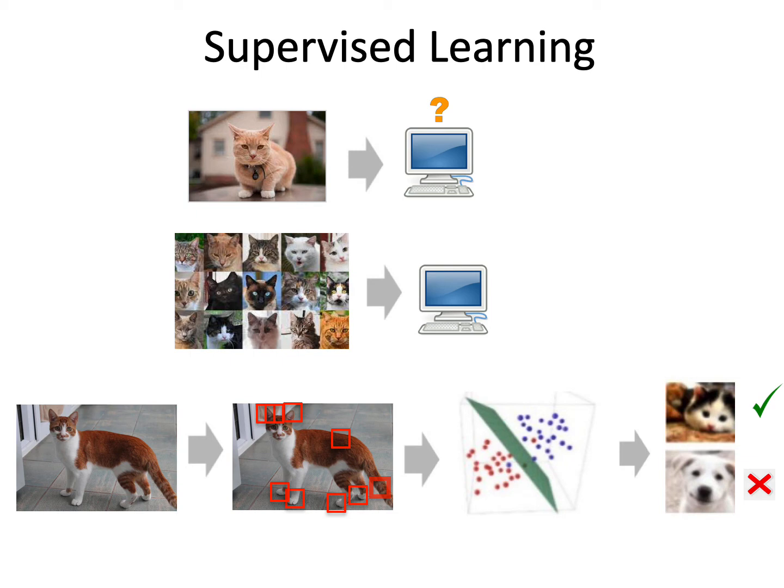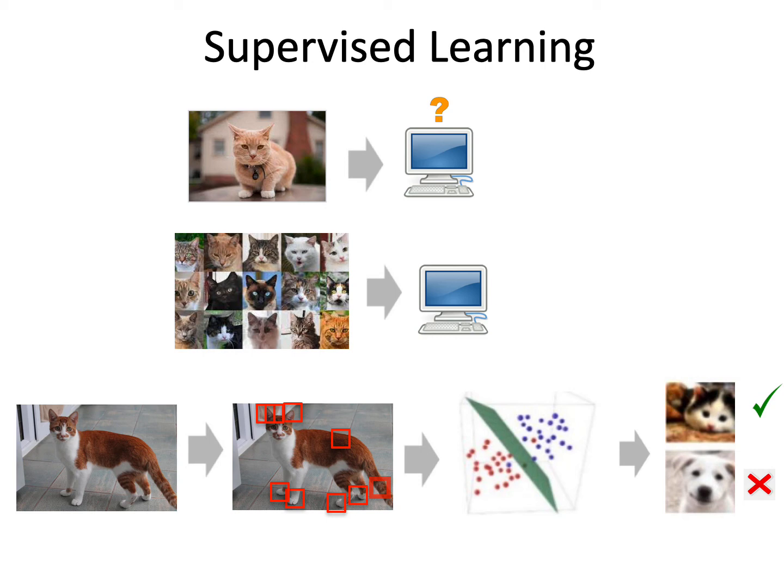Then next time when we give this image to the computer, when we test, the computer will identify that it's the image of a cat.